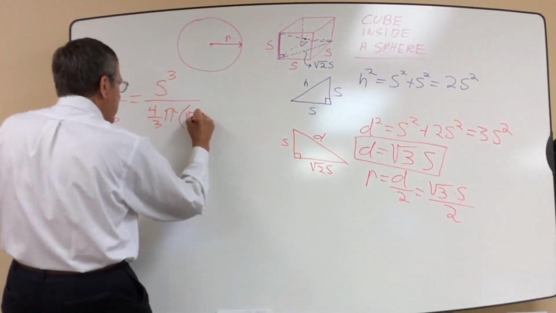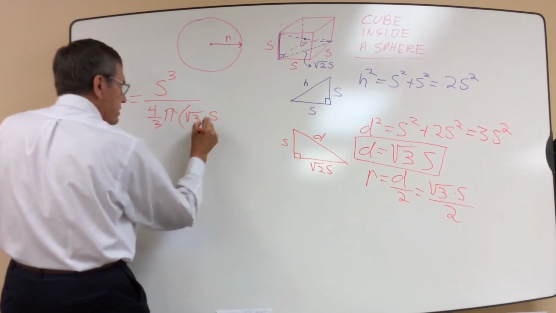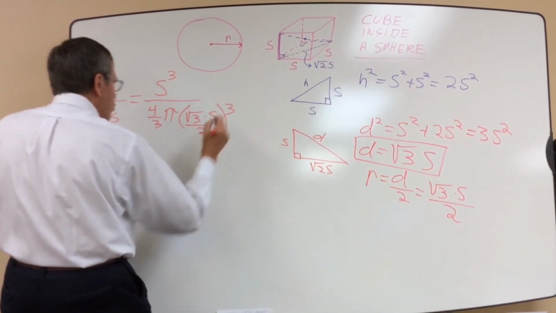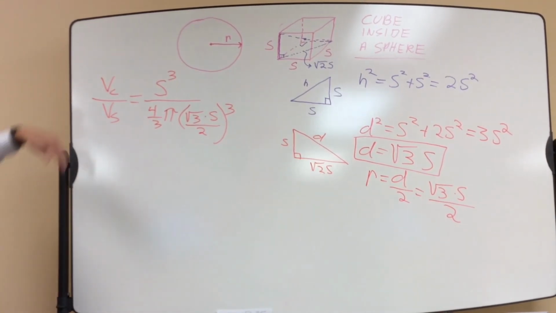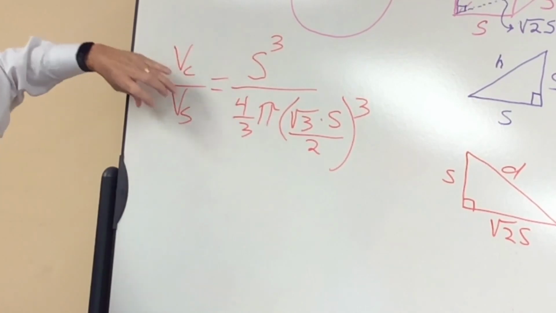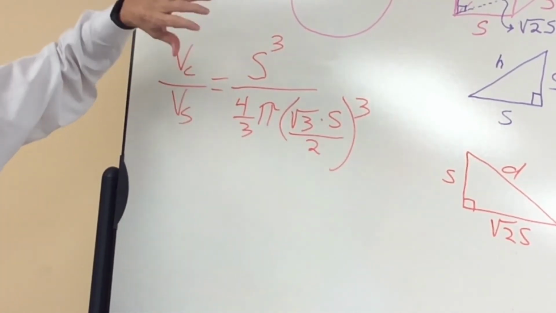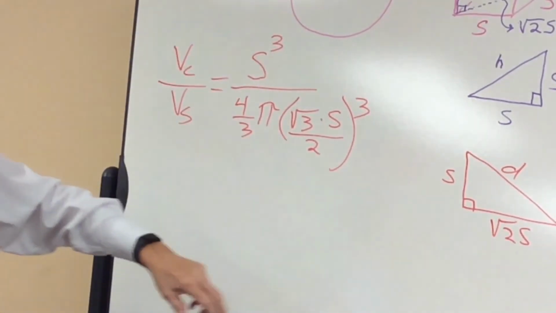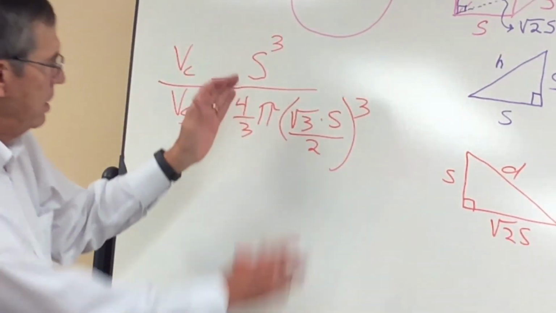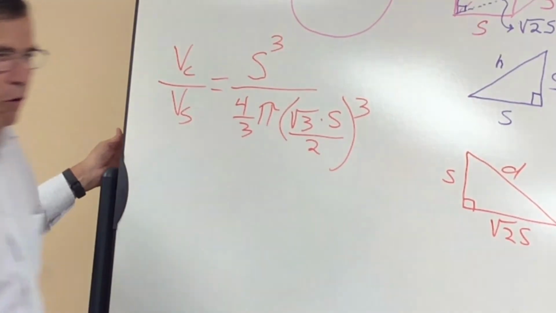Square root of 3 times s divided by 2, all that cubed. Okay? So, volume of the cube, s cubed. Volume of the sphere, 4/3 pi r cubed. R, square root of 3 times s over 2. Put inside the parenthesis and cube the whole thing.